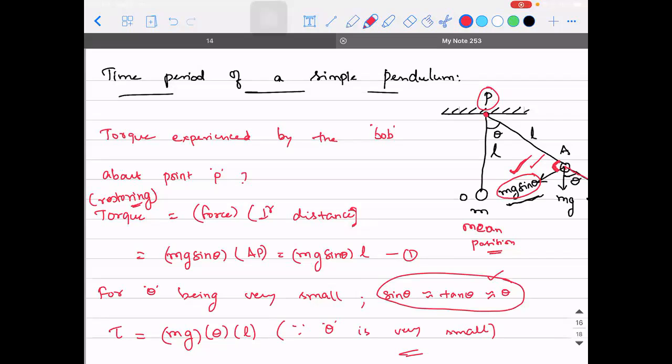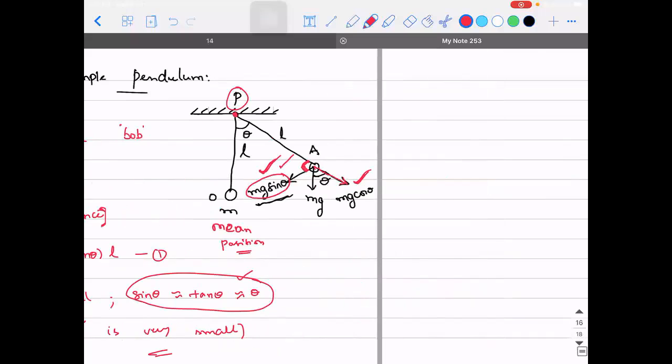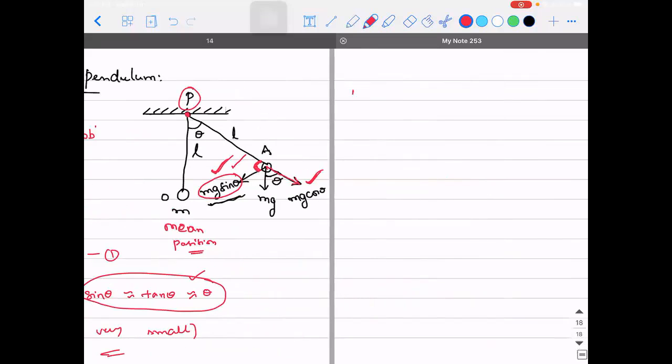If they ask what the approximation is, you need to say that the value of theta is very small; the angle made by the pendulum with the vertical is small. Is it clear till this step, guys? Yes, sir. So what you got is torque is equal to mgL into theta.